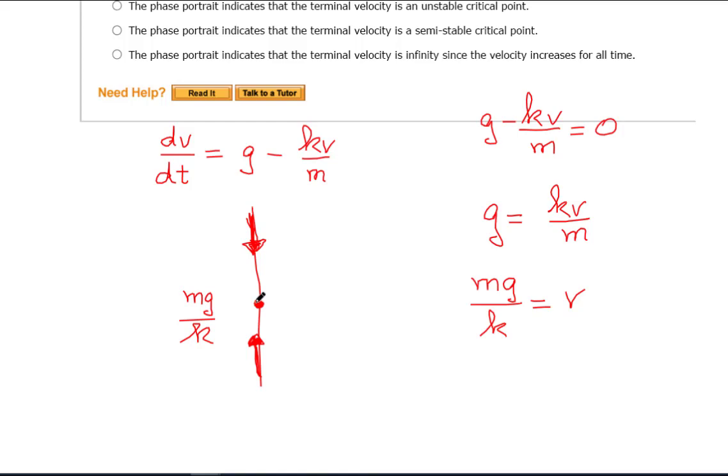So for example, if it's thrown out of the airplane with a particular speed, the speed will decrease to the terminal velocity. And if it's just let go out of the airplane, then the speed is going to increase until it reaches the terminal velocity.